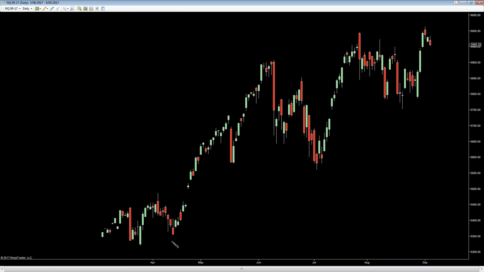So I think in the really big picture, the market is bullish. I think that's a pretty safe bet. I think even short term, the market is bullish. Today, obviously, a little bit more bearish, but I think the opportunities are still going to be on the buy side.